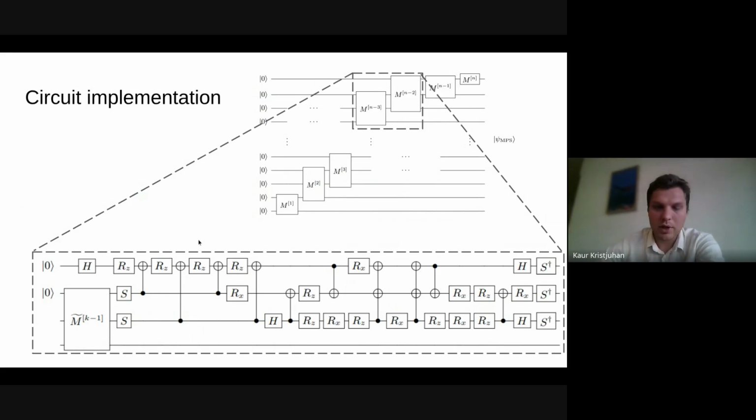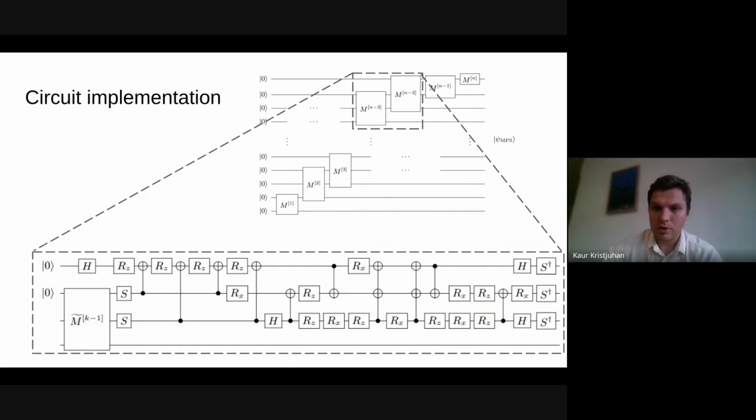In the paper, we also have a more detailed derivation of how we constructed this circuit. And in principle, you can also generate a circuit for a 4-qubit operator, 5-qubit operator, and so on. So it's a useful technique.